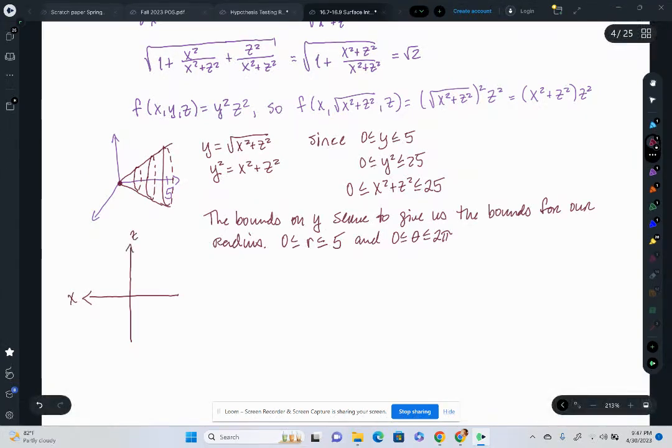So I kind of need to draw it that way in order to make sure that I'm getting the right parametrization here. I'm being picky about this more for when we are dealing with surface integrals over vector fields.